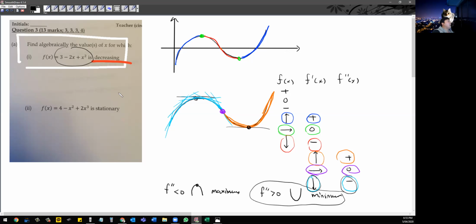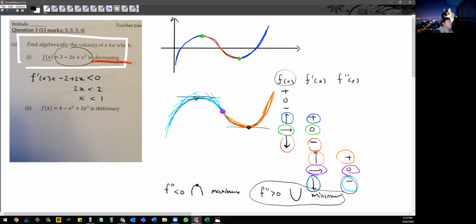So algebraically, just take the differentiation. That's equal to -2 plus 2x. Because it's decreasing, if the function is decreasing, then the gradient function is negative. So let that be less than 0. You have 2x is less than 2, just add 2 to both sides, and x is less than 1.